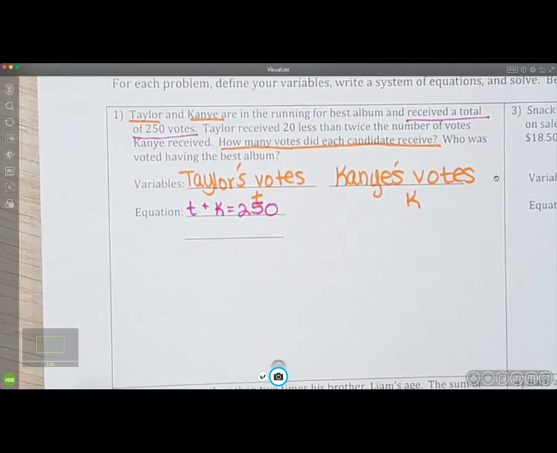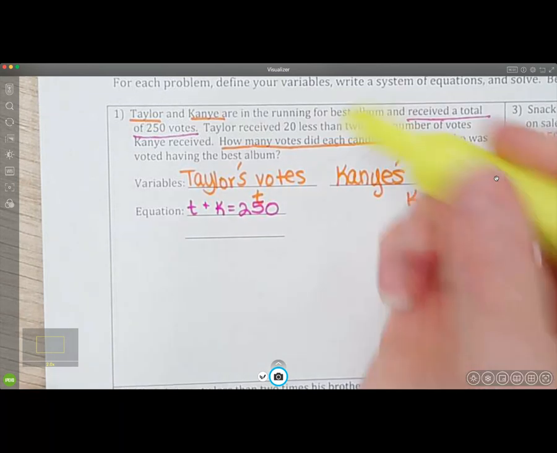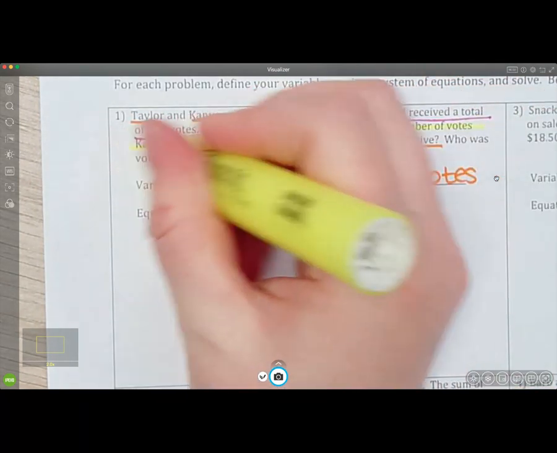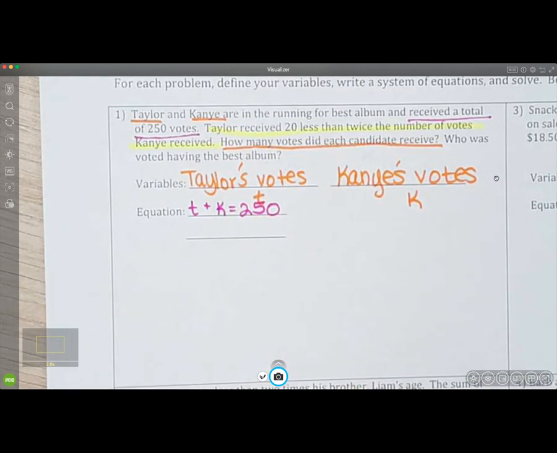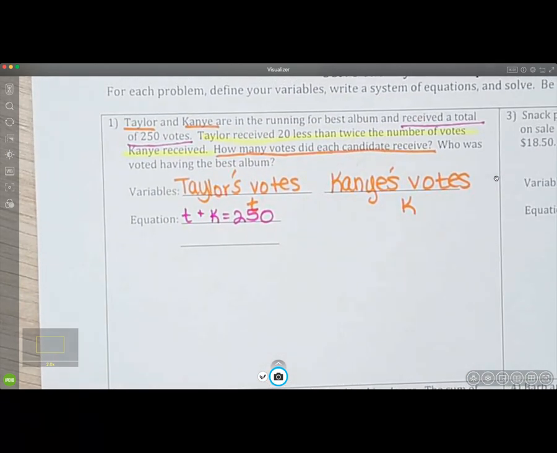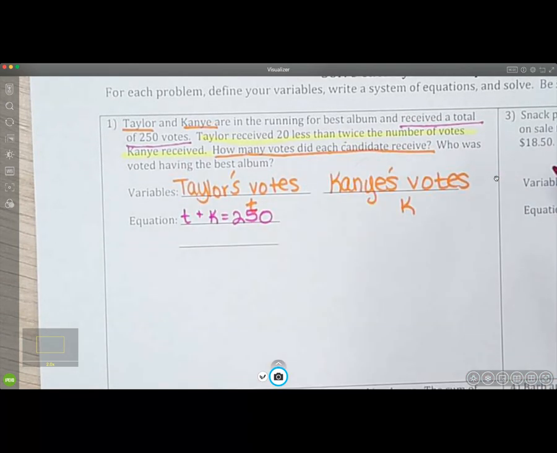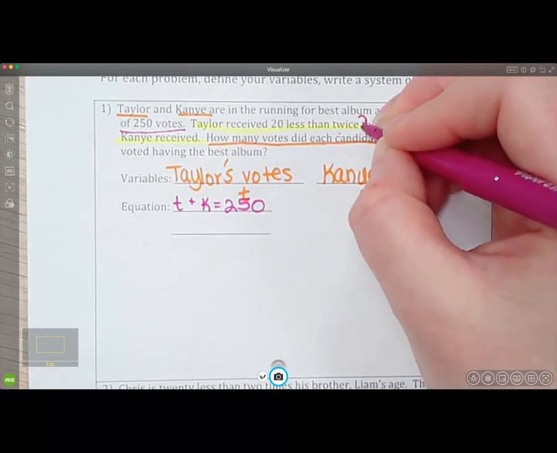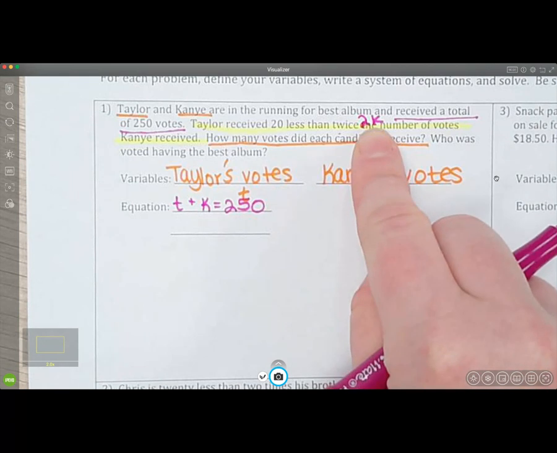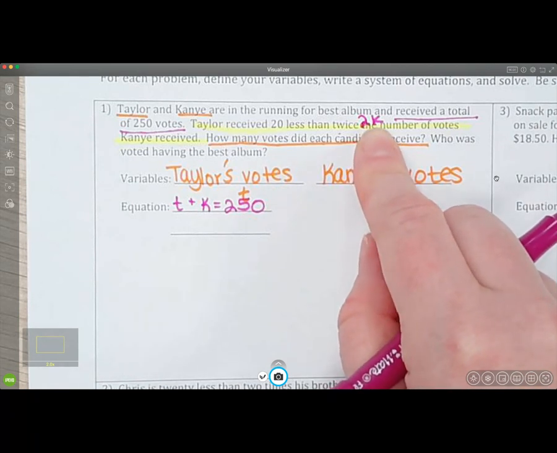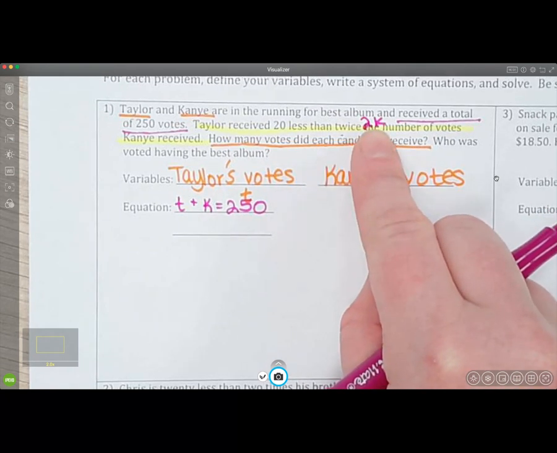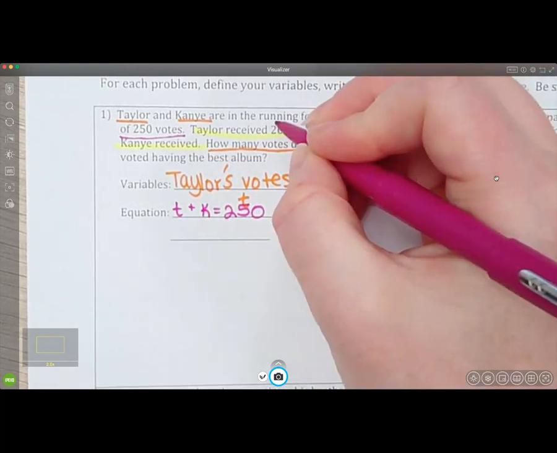And then the next one is Taylor received 20 less than twice the number of votes Kanye received. So I can deal with twice the number of votes Kanye received. How do you get twice what Kanye received? Yep, so it's like 2K. So up here I'm going to put 2K. So 20 less than 2K. So a negative 20, all right?